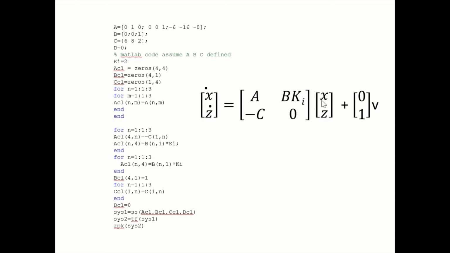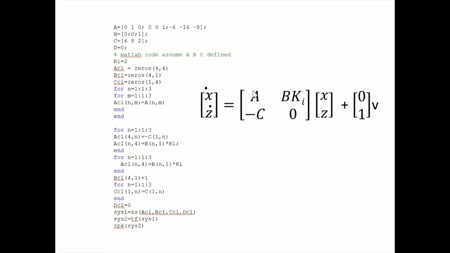If we look at the B now, the next thing we need to put in is this part and this part. So I've done this for 1 to 3. A 4 n, so that's the fourth row, is equal to minus C n. So that writes the C in there for me, this line of code here. And on this line, notice this is 4 n because it's the fourth one down and goes n.